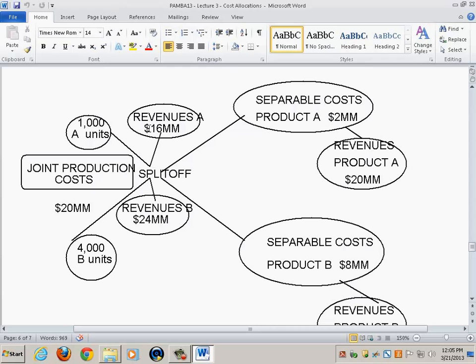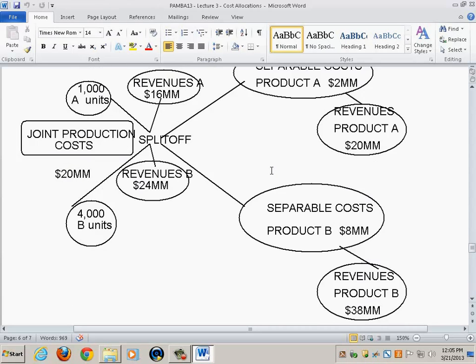And the estimates are here, 16 million for A and 24 million for B if we sell them at split off. If we don't sell them at split off, we will incur separable costs to bring each one of those products to completion. And the separable costs, in this example, additional separable costs are 2 million for A and 8 million for B. Estimated at split off.